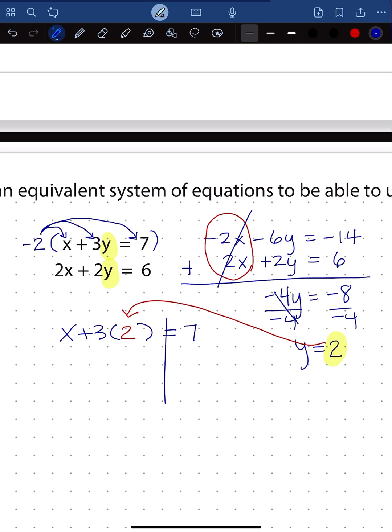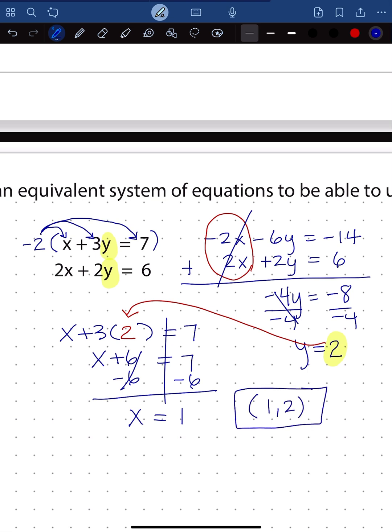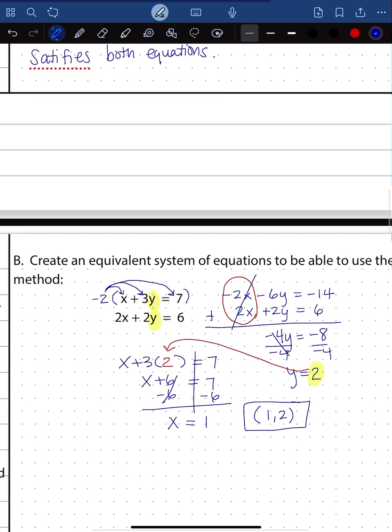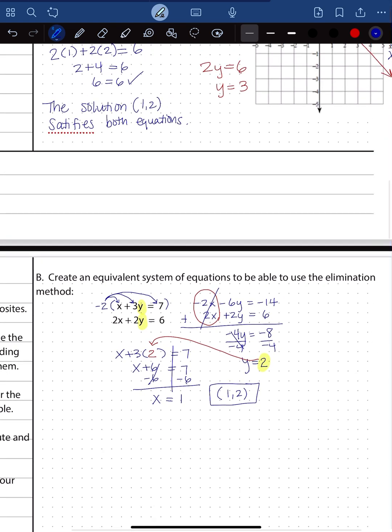So my new equation only has the x variable, so we're going to solve for that. This becomes x plus 6 is equal to 7. Then I subtract 6 from both sides, and x is equal to 1. So we see that on this one, the coordinate 1, 2 also satisfies the system of equations.